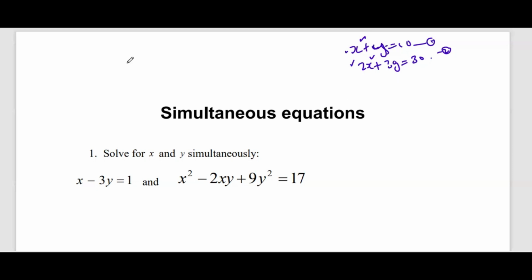But at our level, in grade 11 and grade 12, we're going to have two equations whereby one must be a linear equation and the other one would be a quadratic.